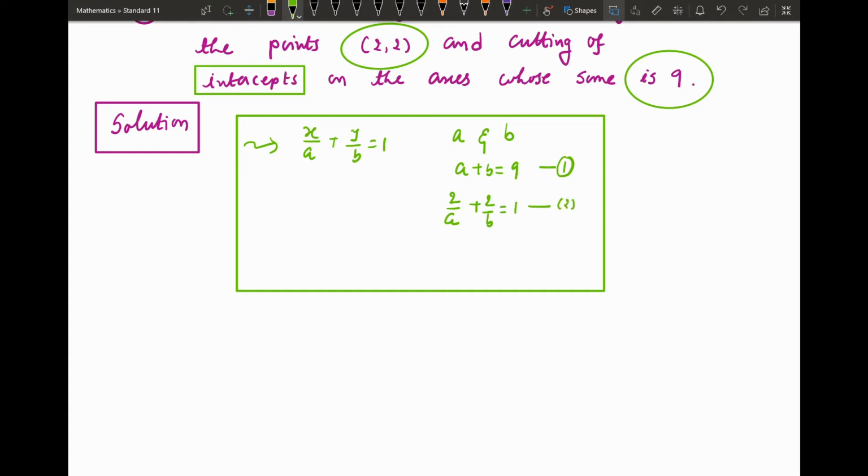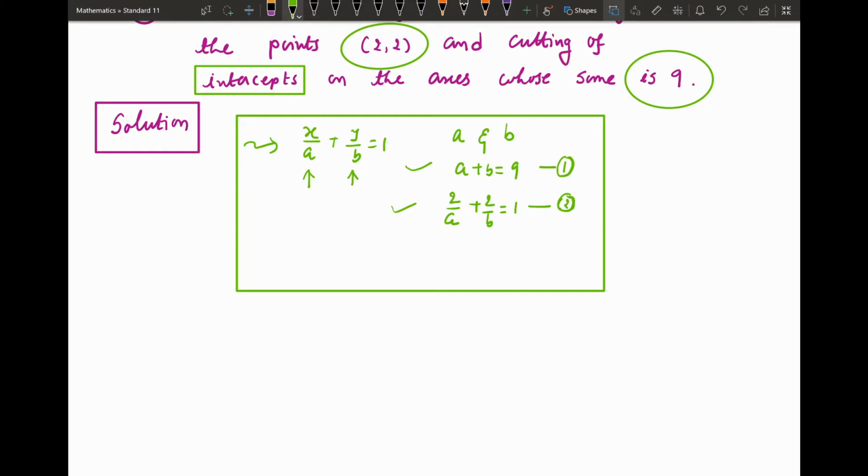Now you can observe two unknowns and two equations. So we will solve these equations to find a and b, and once we find values for a and b, we will put them into the intercept form, so we will get required equation of the line. So this is the method to solve the problem.